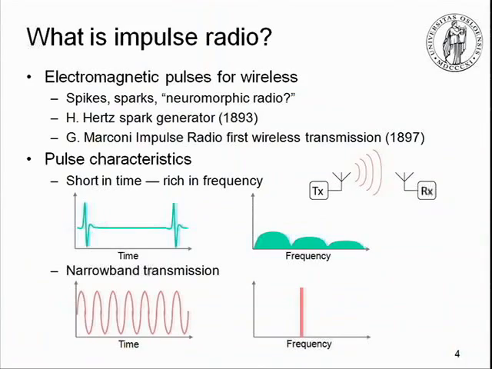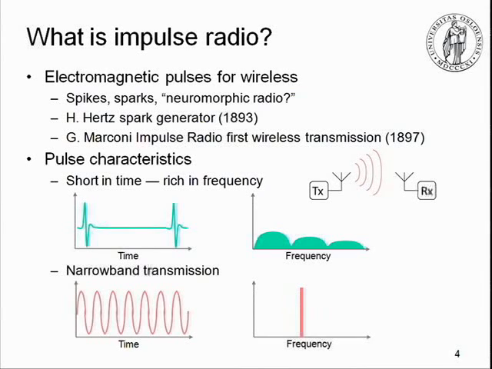Now, to start from the beginning, sparks or spikes are very old. That's what we have in our body, as I told you. The nervous system is spiky, you know that? And the first radio by Marconi was also a spark-based system. So an impulse-based, spike-based system is quite a normal thing.